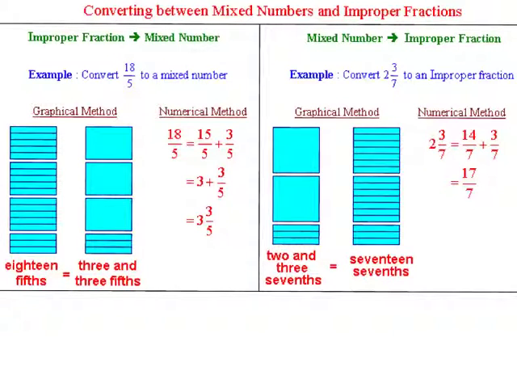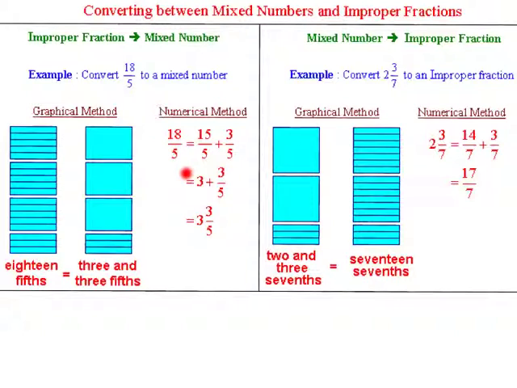It's easier to look through your notebook than to go back through the book and find the lesson you're looking for. What I liked about these charts is it gives you two different methods: the numerical method, which is the one we're more familiar with, and then the graphical method, where you would be using tiles and bars and things.